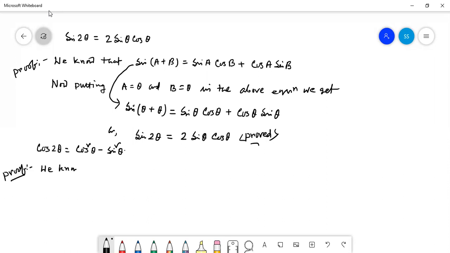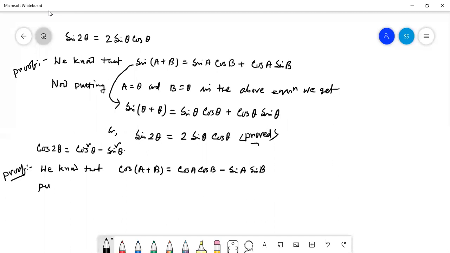Here also we know that cos of a plus b. What is the value of cos of a plus b? Someone please tell me. Cos a into cos b minus sin a into sin b. Okay, thank you. Cos a cos b minus sin a sin b.